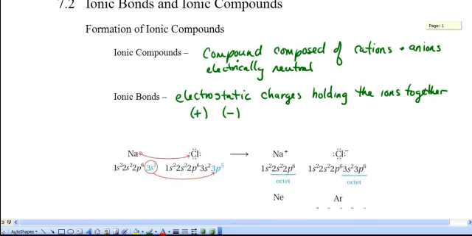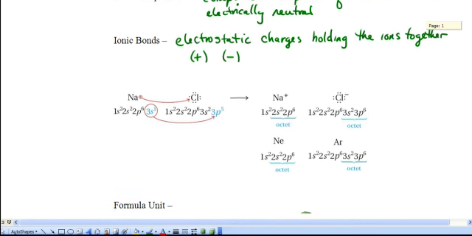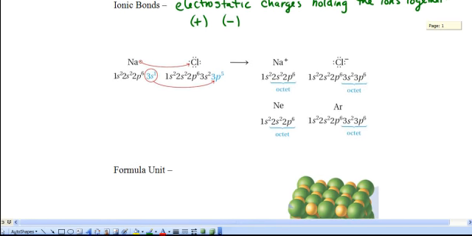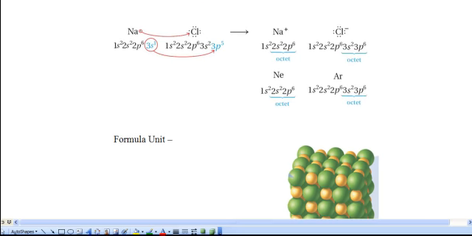Let's scroll down a little bit. In 7.1 we learned that metals tend to lose electrons to gain a noble gas configuration, while nonmetals tend to gain electrons to achieve a noble gas configuration or to complete an octet. And so if you take a look at sodium, sodium has 1 valence electron. Chlorine has 7. Well, what's going to happen is sodium is going to donate one of the electrons, its only valence electron, over to chlorine.